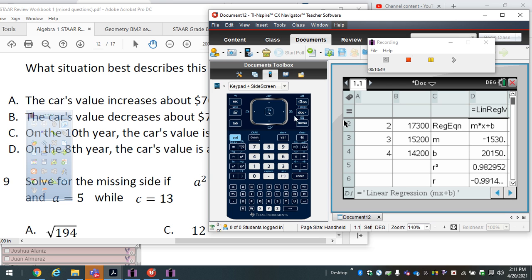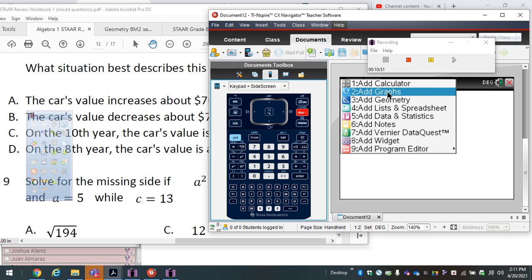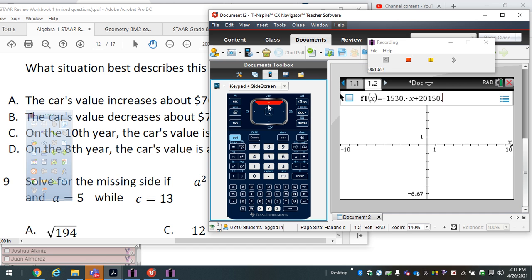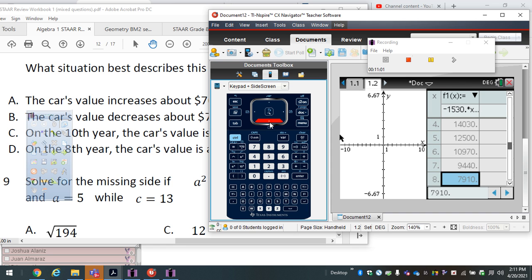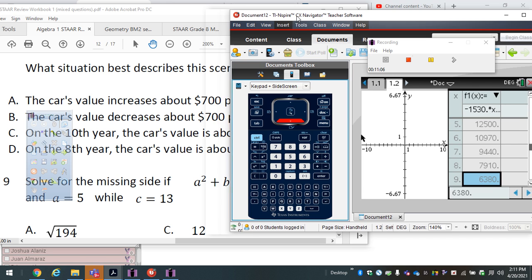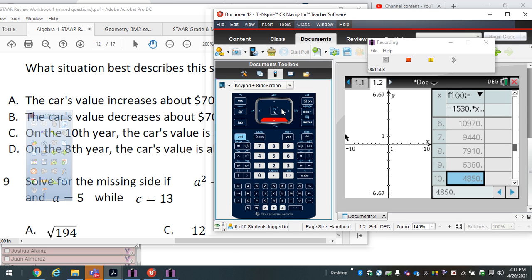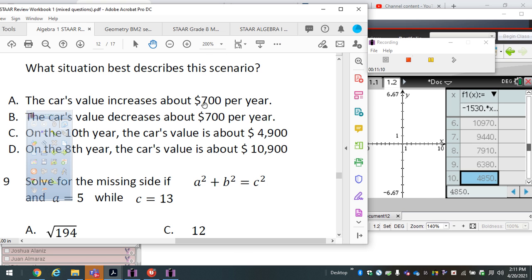So I'm going to add a page, a graph. I'm going to press up. And then I'm going to go to Control T, and I'm going to go year 8. Or X's are the years. And it was saying year 8 and 10, right? Let me see, year 8 and 10.